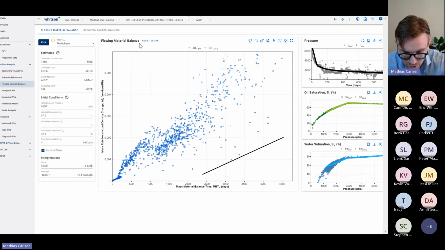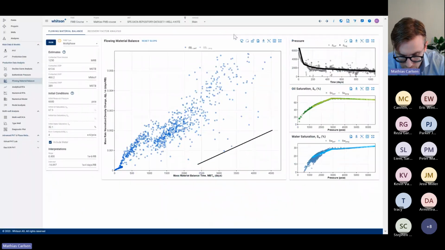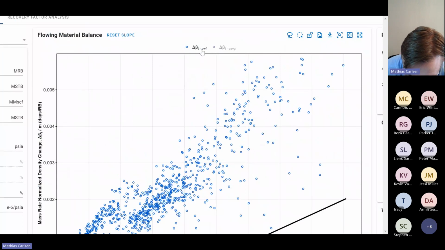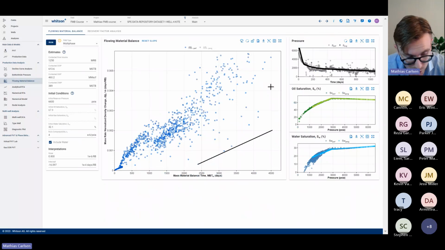I'm going to start at the top here and move my way over. At the top here, you also see that there are two different options. This is the mixture density change at the bottom of pressure, and then if we have an estimate of the average pressure versus time, which you have implicitly when you run this, then you can toggle on this guy right there. That's the hard check that I showed you guys earlier.